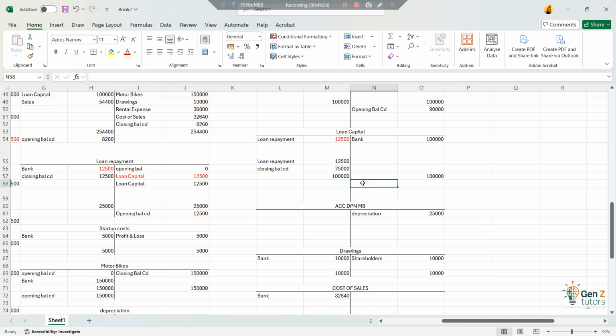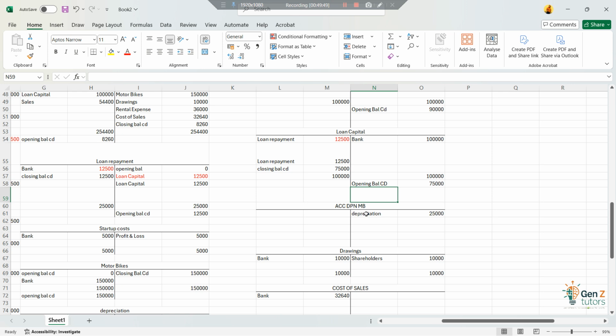And then now we're going to have to go and say we want our closing balance, which is evident. This is the bigger side. And then close this off and say okay, fine, closing balance carried down.